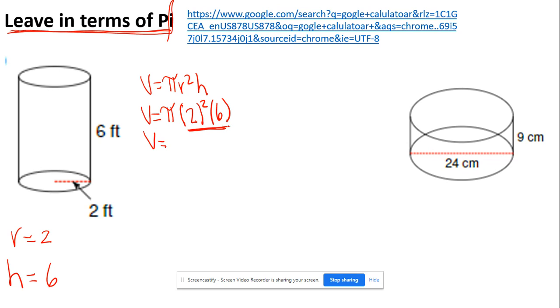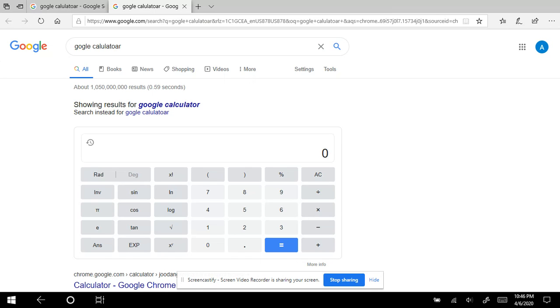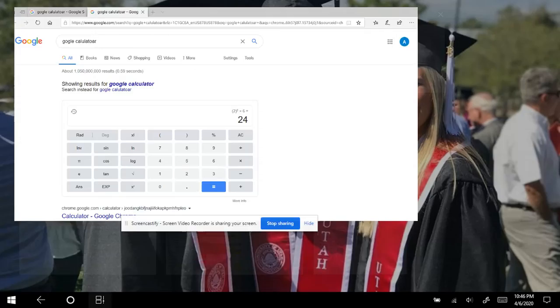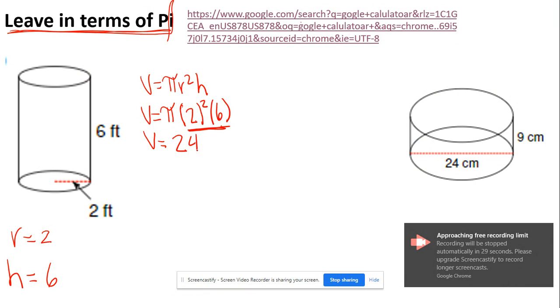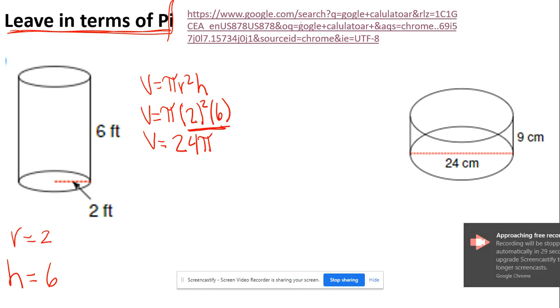So put these numbers in the calculator. It's parentheses, 2, and then right here, this button, squared, we're going to put 2 times 6 equals 24. So my volume is 24 pi, because I'm leaving it in terms of pi.